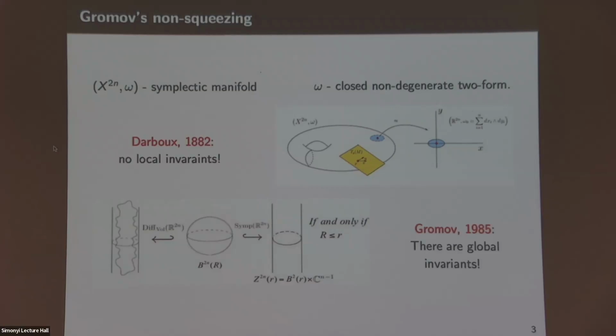This was answered by Gromov in 1985, where he showed his non-squeezing theorem, which states that a ball can be symplectically embedded into a cylinder if and only if its radius is smaller. So very different from volume preserving. This implies that while a symplectic manifold doesn't possess anything unique locally, it still has some global invariants which distinguish it from other symplectic manifolds. And this is essentially symplectic capacities, which will be the focus of this talk.